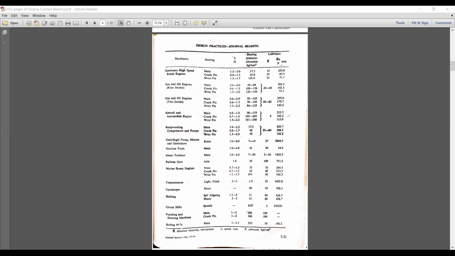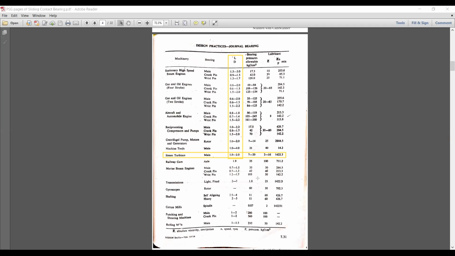So here, first we have to find out the proper application. Our application is steam turbine, so this application I have chosen. Now L by D ratio. The L by D ratio given is in the range of 1.0 to 2.0.